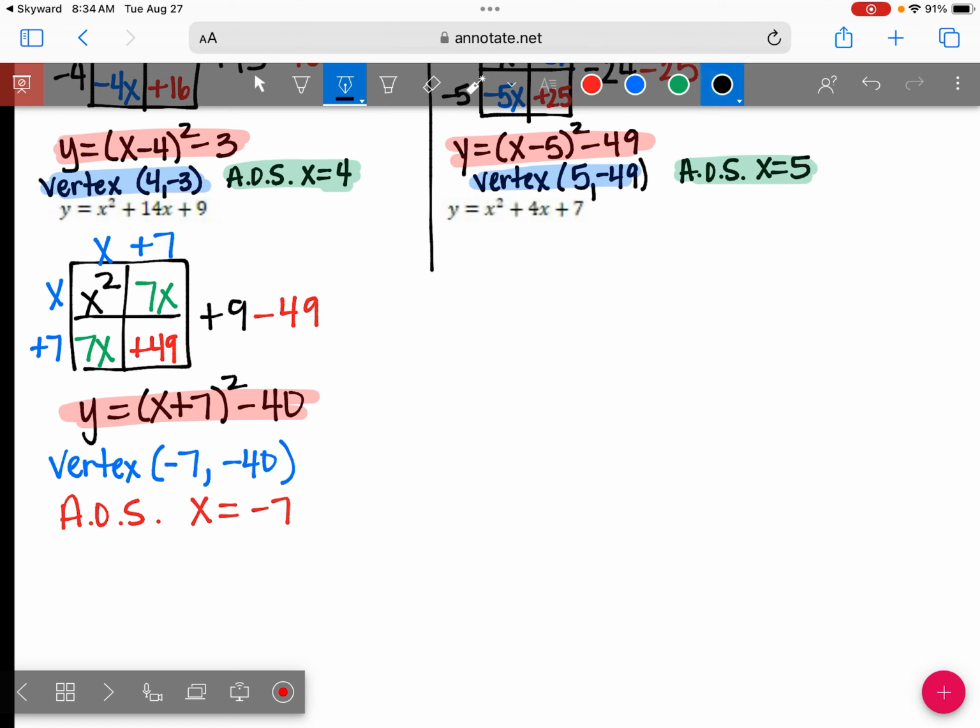All right, go ahead and do the last one, and then that's it for today. Try to complete the square. Who already has the answer for the last one?